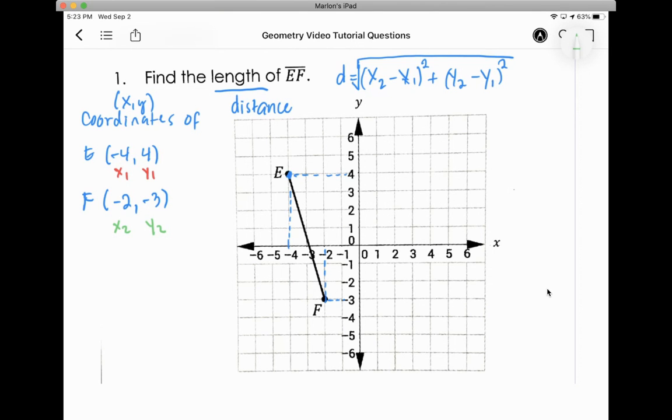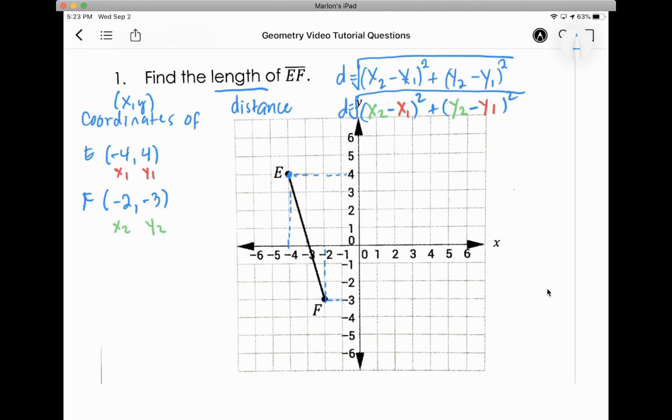All right, so let's use it by the colors. Let me just rewrite it down: my x2, my y2, my x1, my y1, minus, plus, squared, squared.